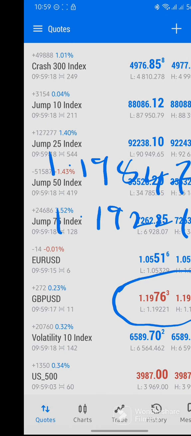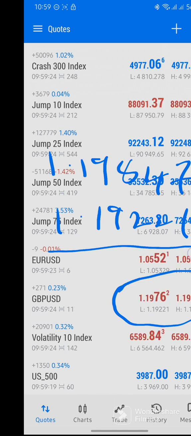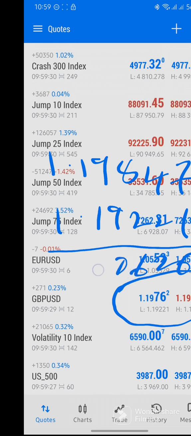If you look very well, the first 3 digits do not change, so they will give you 0.00 on subtraction. So 7 minus 1 will give you 6, 4 minus 2 will give you 2, 8 minus 2 will give you 6.